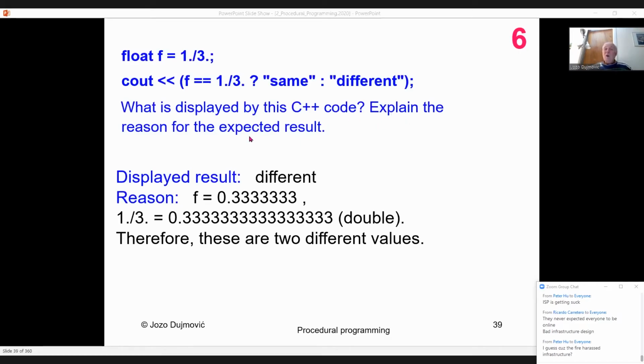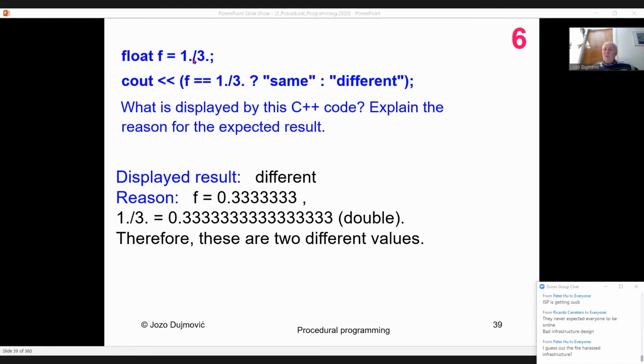This is different. So what is displayed? Explain the reasons. Well, the explanation is very simple. These are two very different things. First of all, this f is a floating point number with 32 bits. So when I compute 1 divided by 3, this is double precision. And 1 divided by 3 has 16 significant decimal digits. So it is stored as 0.33333333, whatever comes here.